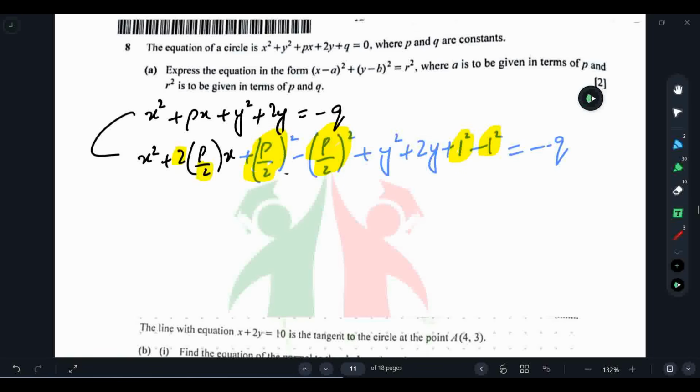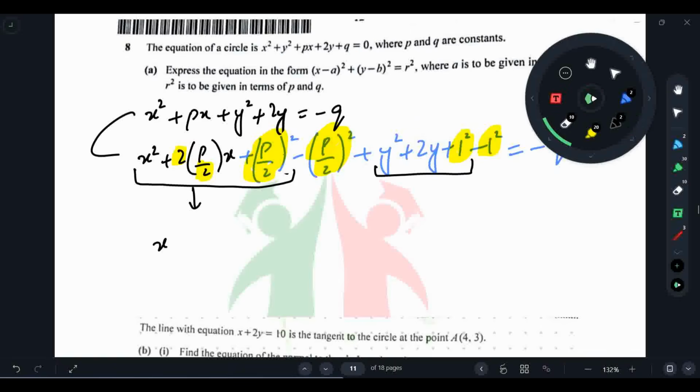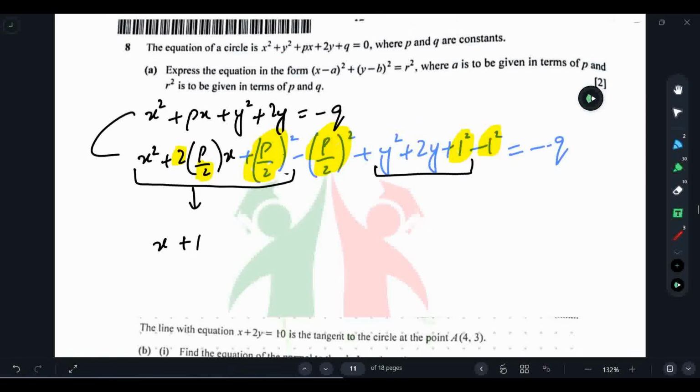So we will have the same value, we will have the same expression, but from here we can complete our expression. We can write it in the completing square form. So this will be equals to (x + p/2)² + (y + 1)² is equals to this.